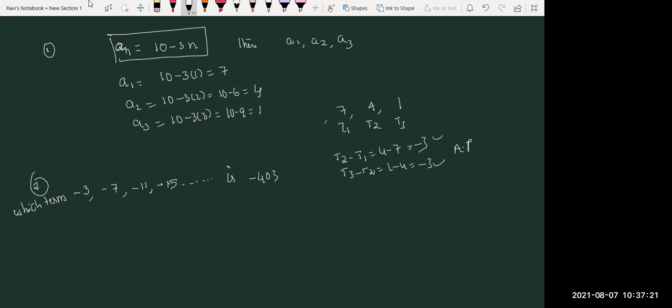Which term of the sequence is minus 403? So tell me how to find it, anyone in the class. We must use the formula, sir. Yes, Tn equals what's the formula? a plus (n minus 1) d.